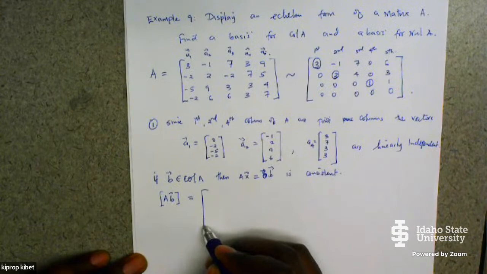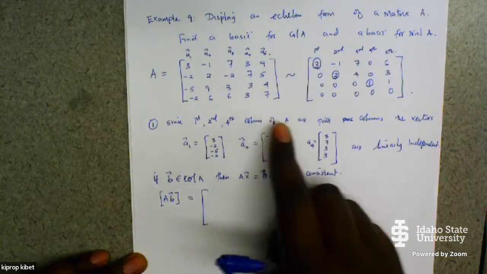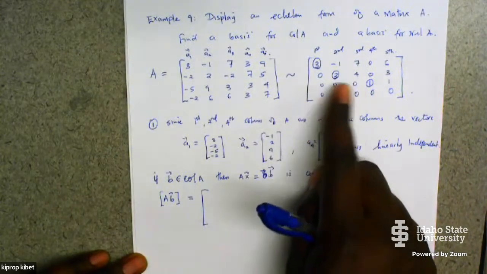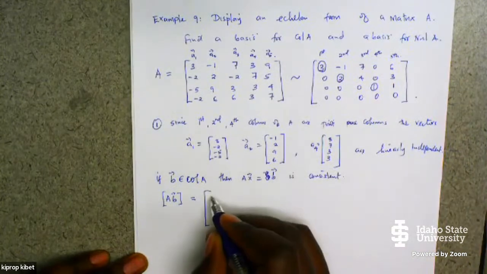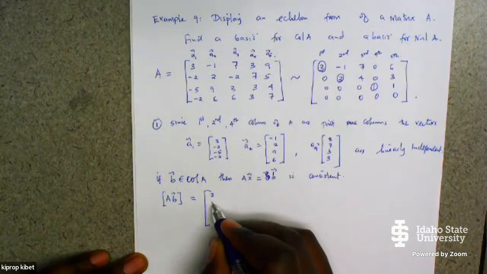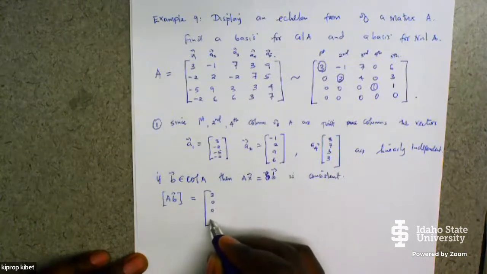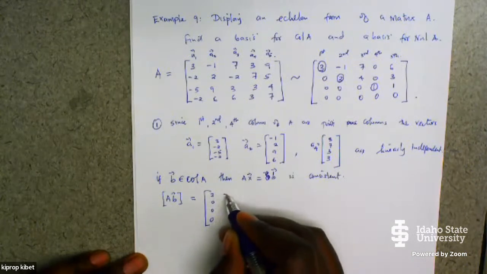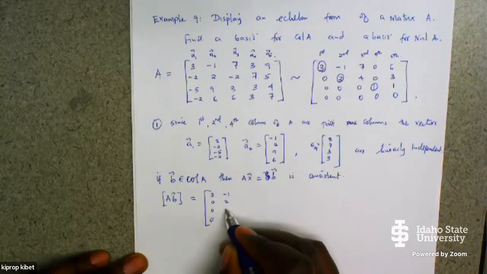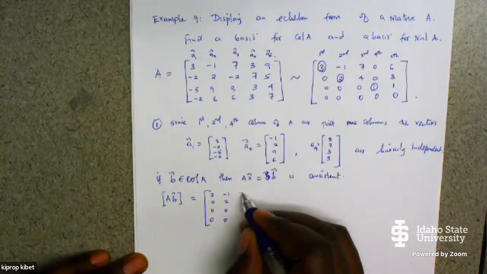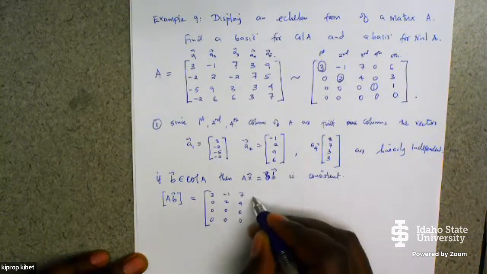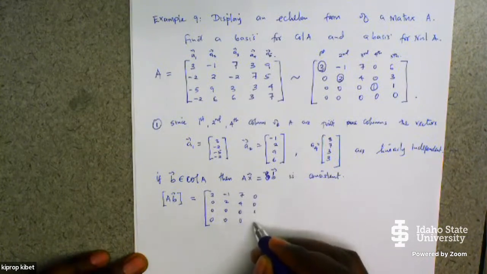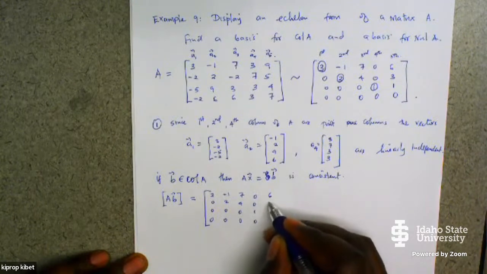bringing our A there, which has been reduced, which is all this, which is 3, 0, 0, 0, and then -1, 2, 0, 0, and then 7, 4, 0, 0, and then 0, 0, 1, 0, and 6, 3, 1, 0 there.